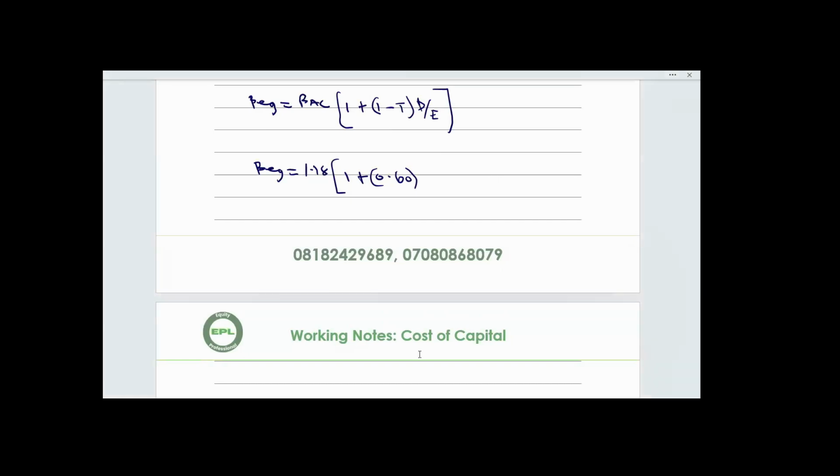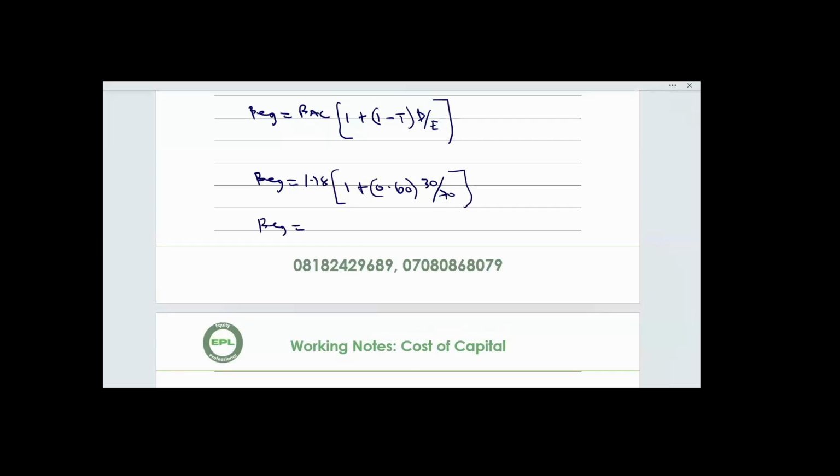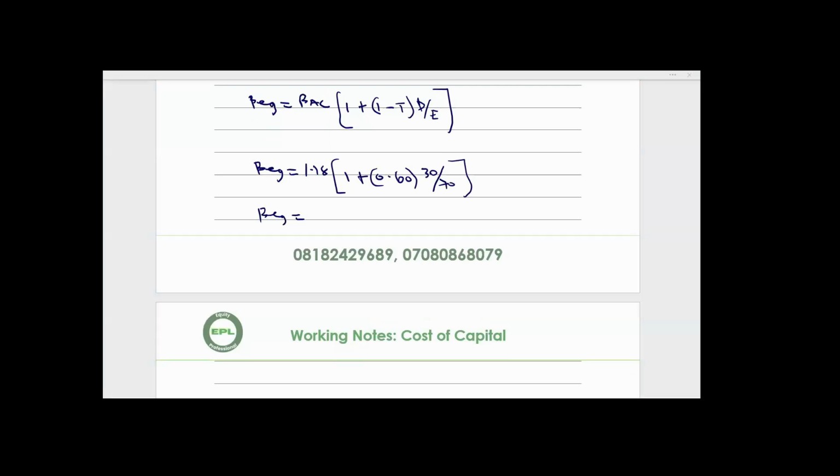Okay? So I will then come here. D is the debt. So debt is 30 divided by equity of 70. Therefore, beta equity of a gear will be equal to 30 over 70, 30 divided by 70 multiplied by 0.6, plus 1, multiplied by 1.18, equal to 1.48.